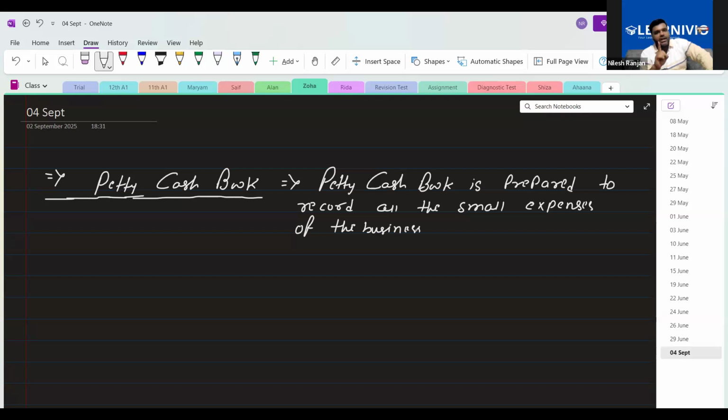So there is only one entry in the cash book and all the details are in the petty cash book. You can say it is a helper book for the main cash book. It is prepared to record all the small expenses of the business, that is, petty expenses. So this is the simple definition.